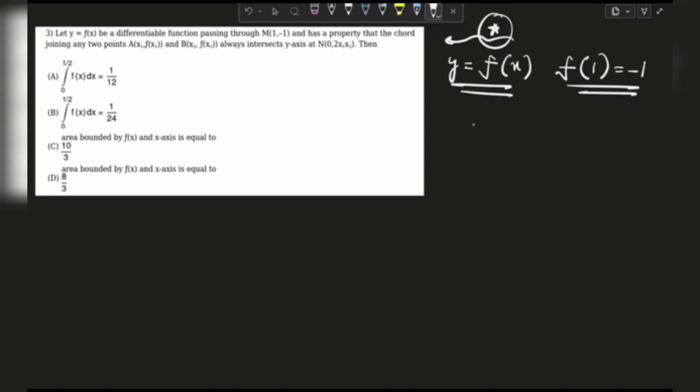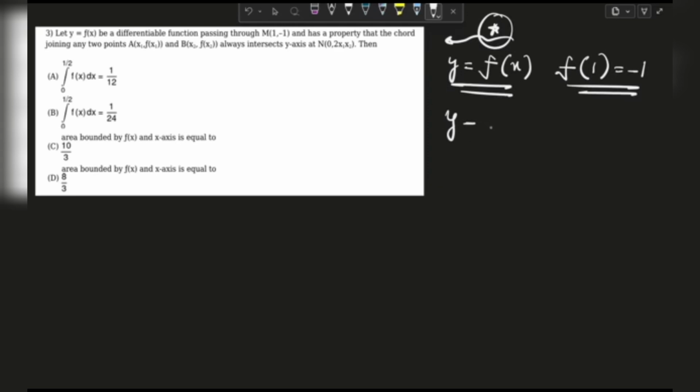So what we'll do is let's first write out the equation for this straight line AB, which is very simple. We can write this equation, say we take the point of reference to be (x1, f(x1)).